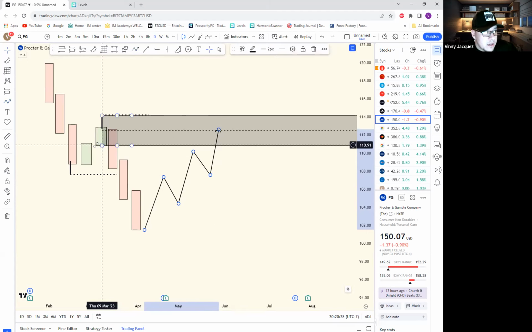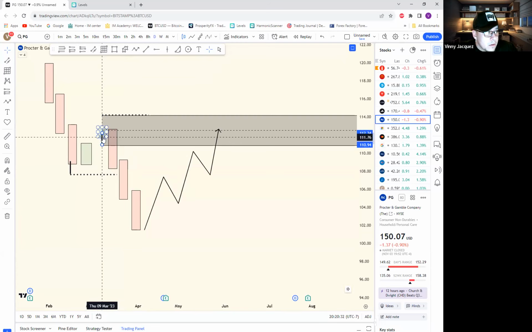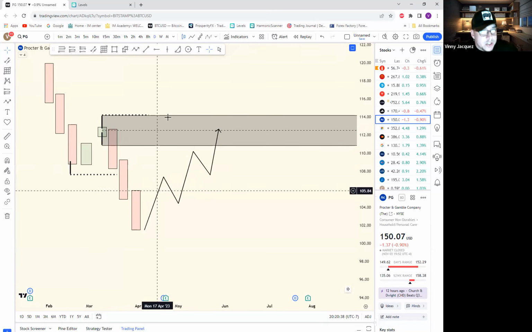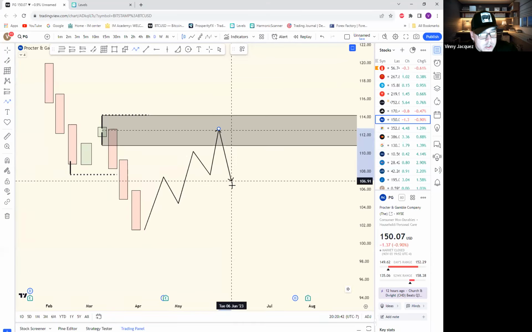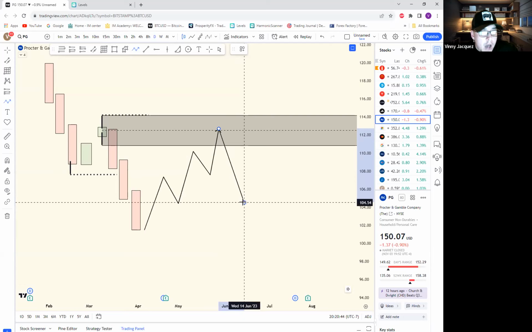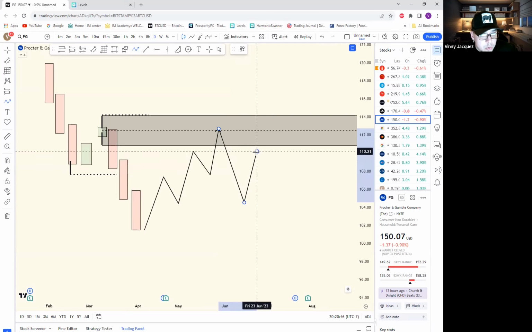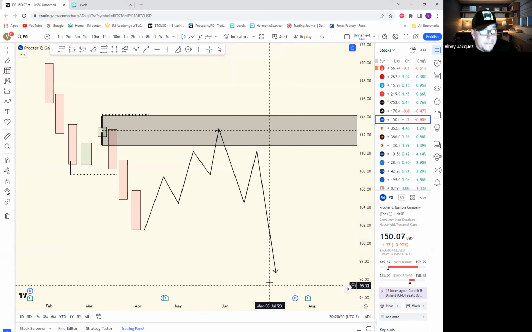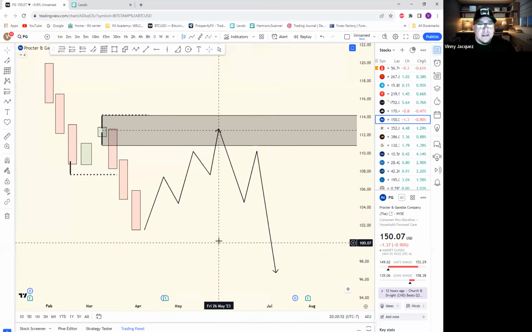Let me clean this up. Whether you enter on the first touch, totally cool. But as soon as we get this change of character off of that zone, guys, we can start scaling in and continue with this downside. Does that make sense?